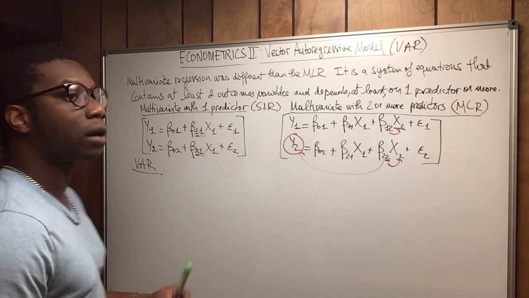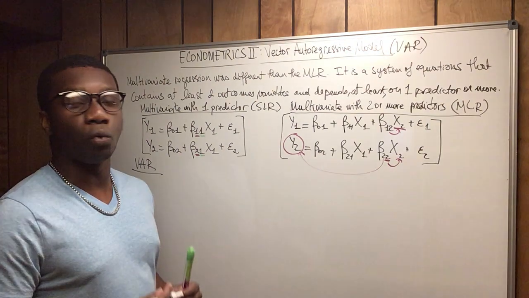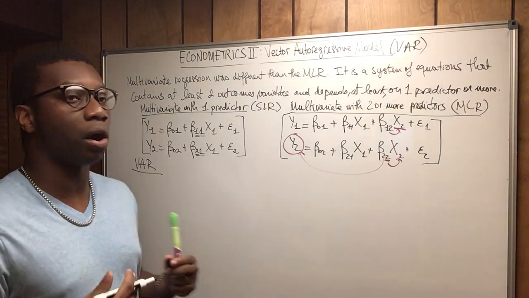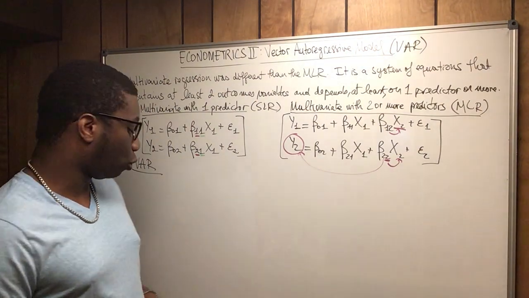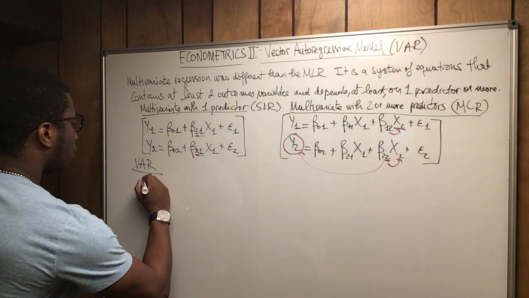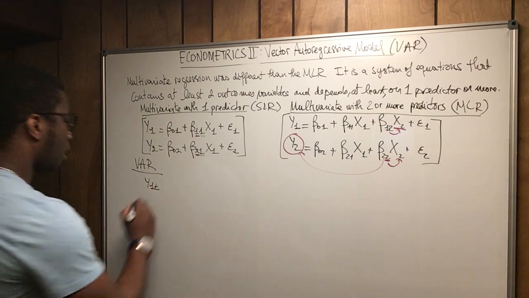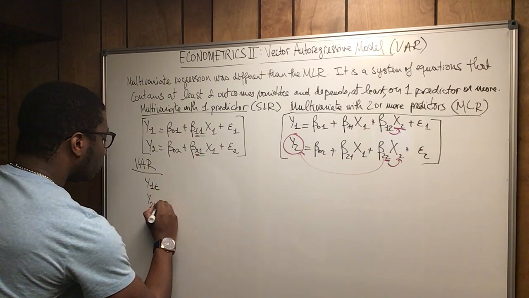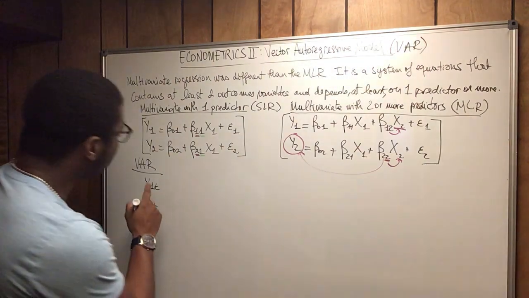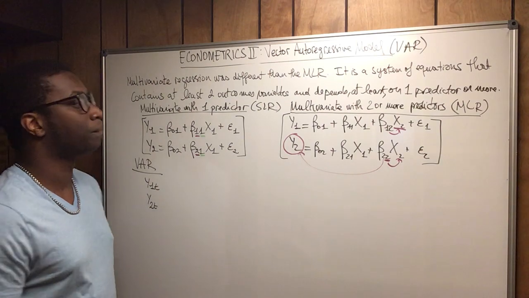The conventional way to write the basic model of the vector autoregressive model is the following. You have y1t and y2t. The reason you have t is because we are dealing with time series data.